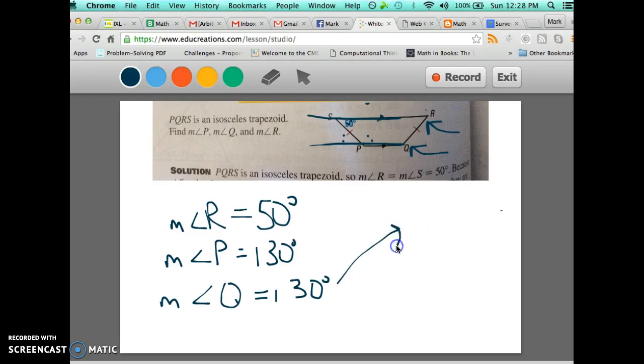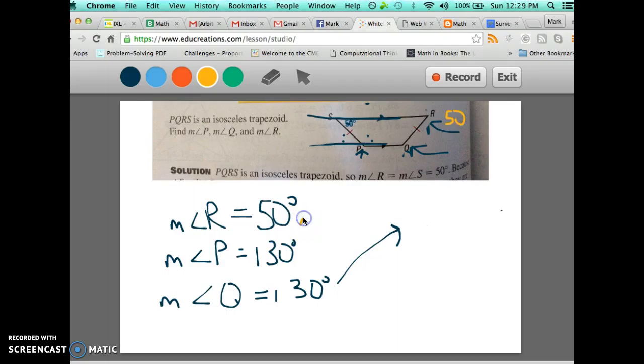Well, for one, it's an isosceles trapezoid, so P is going to be congruent to Q. For another, it's another transversal over here, and so therefore Q and R are going to be supplementary, and we already know that R is 50. For another, we know the other three angles.